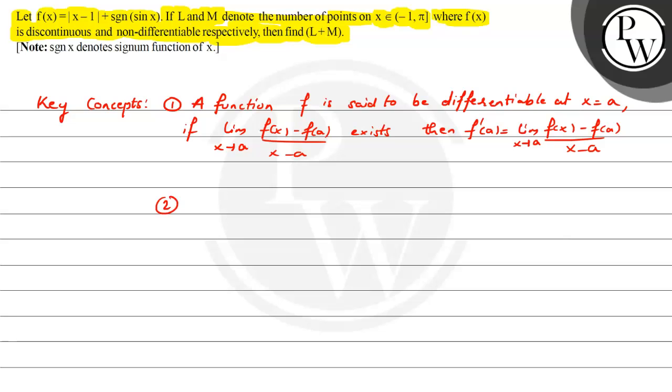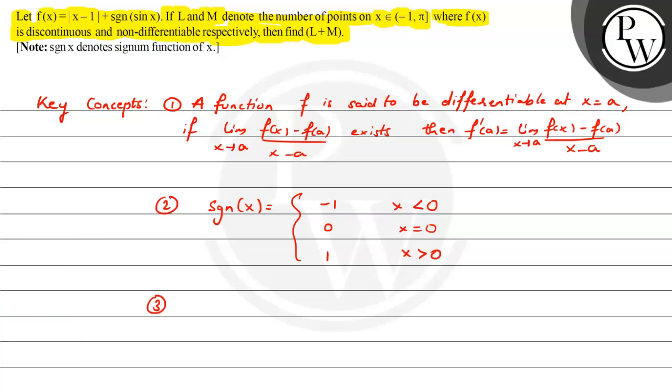The second key concept is the function signum of x, which is defined as -1 for values of x less than 0, 0 for x equal to 0, and 1 for x greater than 0.